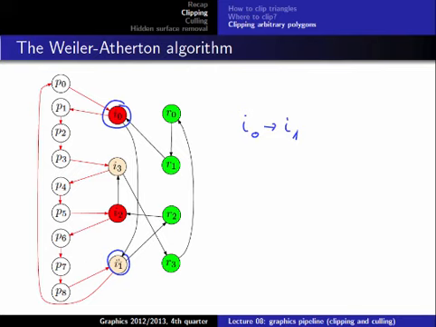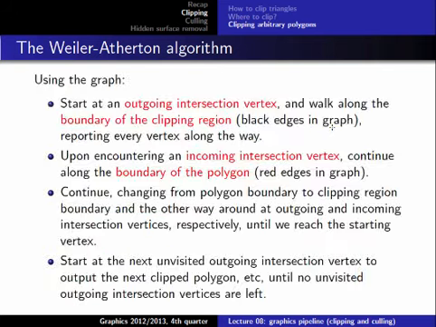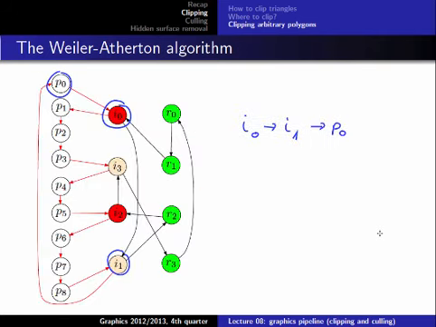So we follow the red edges here. So we come to P0. And then we continue walking here until we reach the starting vertex, which in that case we already did after these few steps. So this is then our clipped polygon.